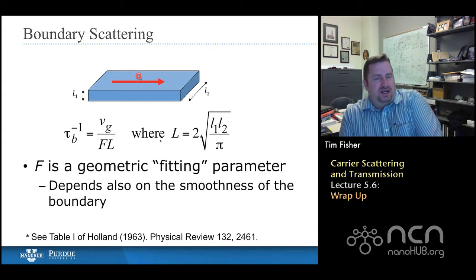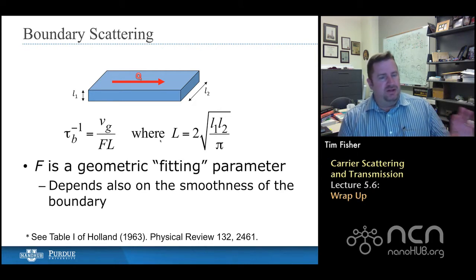We then started to get a little bit more complicated and said, well, let's talk about what this mean free path might look like. We ended up converting from discussing mean free path and turning that into the scattering rate, where really the scattering rate is just the group velocity divided by the mean free path.